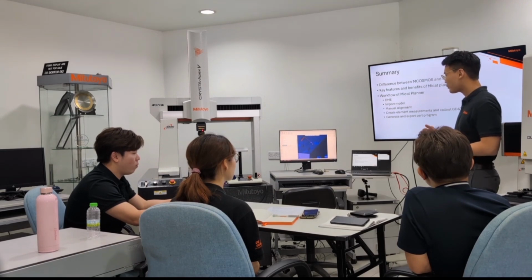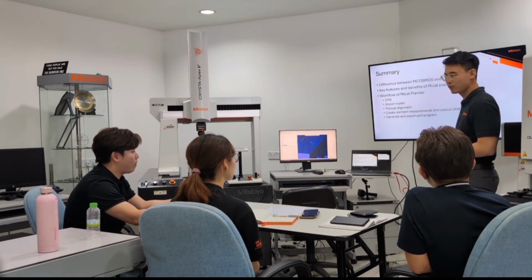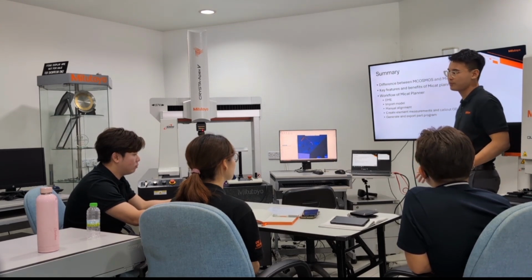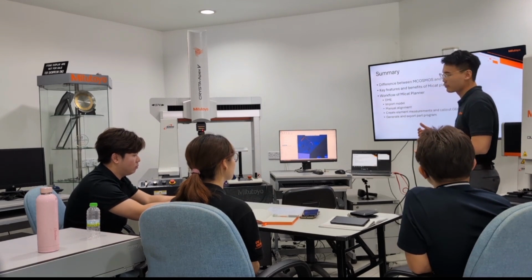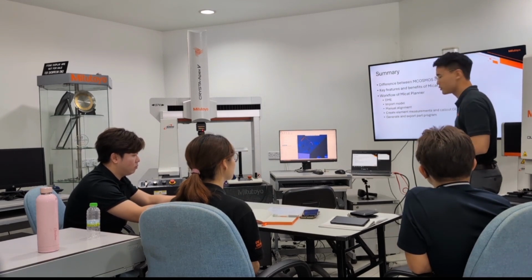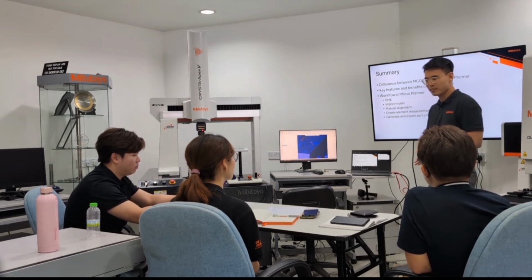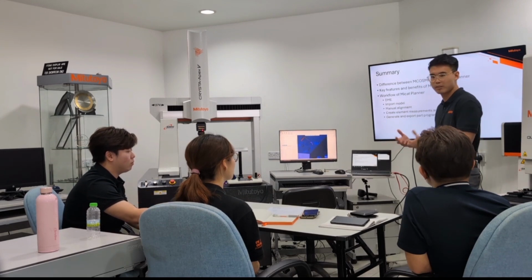Other than that, it will also generate a program which is collision free. Collision is something we don't want in any machine. And it also increases productivity, and so on. So after this training, anyone have any idea about other benefits that we got?